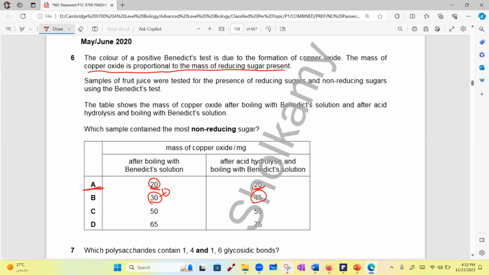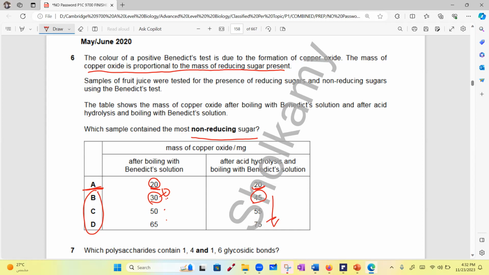It only contains reducing sugar because the mass did not increase. The rest, B, C, and D, do contain non-reducing sugar because the mass increased from the original mass. The difference will give me the mass of the copper oxide that will precipitate due to the presence of the non-reducing sugar.